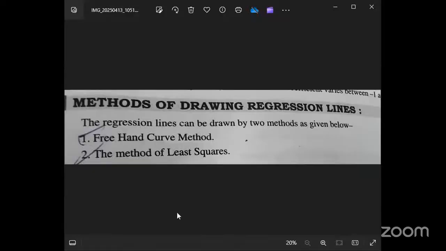So these are the methods of drawing regression lines. There are two types. One is freehand curve, the other one is method of least square.